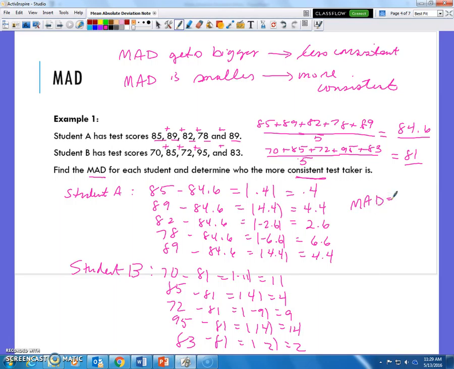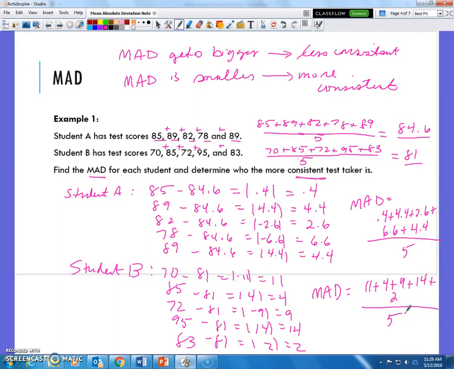So I'm going to find the MAD by taking 0.4 plus 4.4 plus 2.6 plus 6.6 plus 4.4, and dividing all of that by 5. I'm going to do the same thing with student B: 11 plus 4 plus 9 plus 14 plus 2, all divided by 5. We're just finding the mean of each of those.